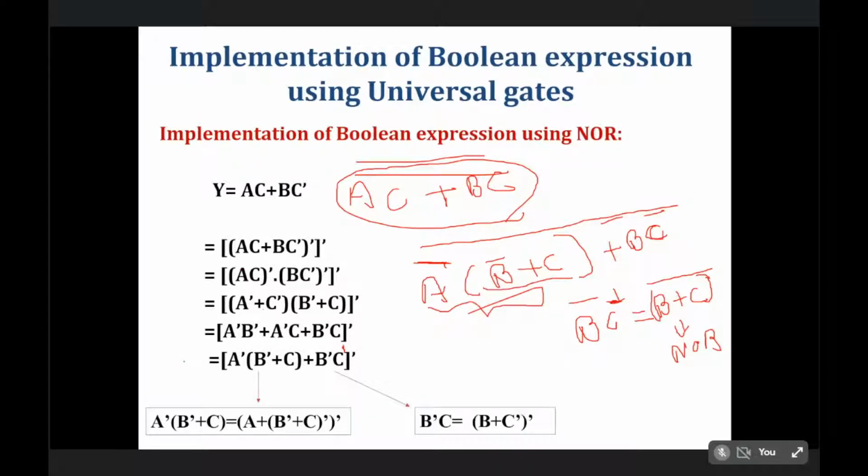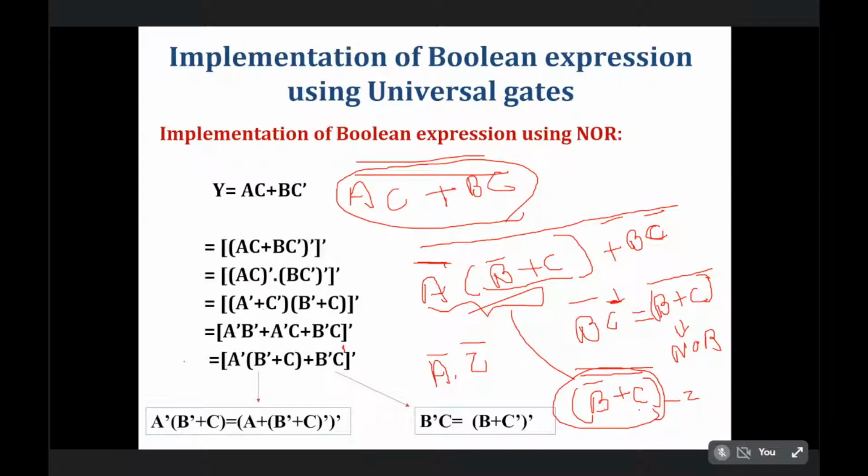If we make this the complement, it will be B bar plus C. We take the complement of the complement and try to solve this, and replace this with Z. It will be in the form of A bar Z bar.